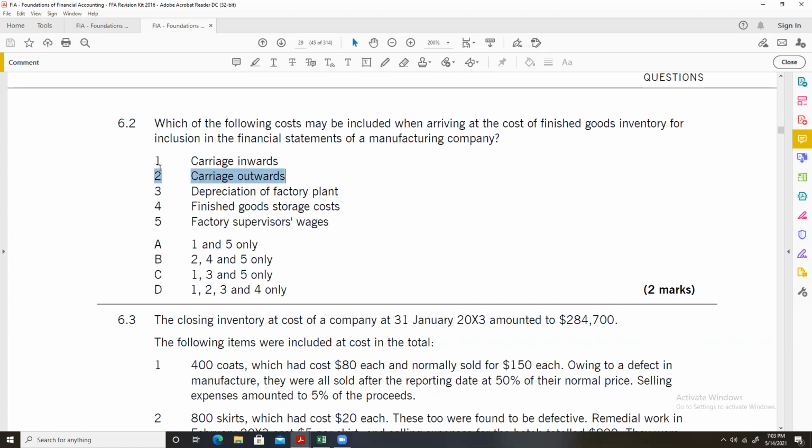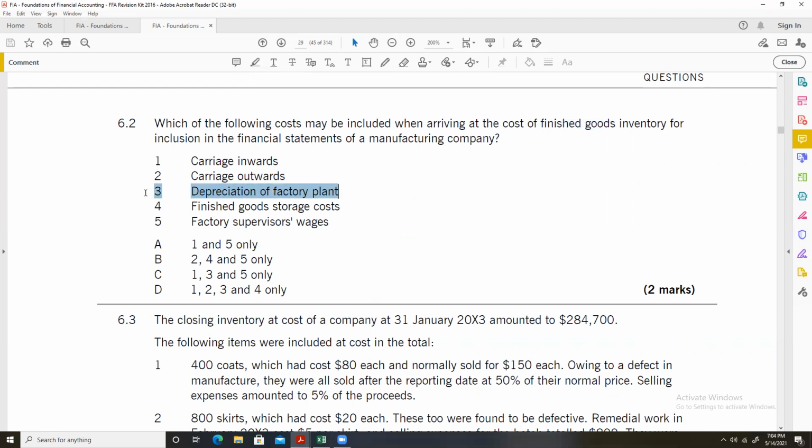Now carriage outwards is a selling and distribution expense. It is neither a part of prime cost, nor is it a factory overhead. That's why this cost should not be included in the valuation of finished goods.